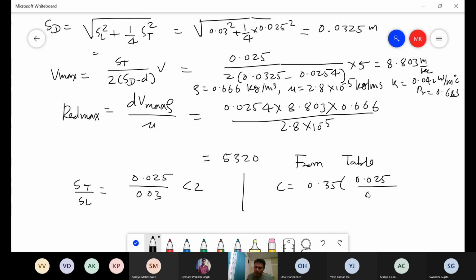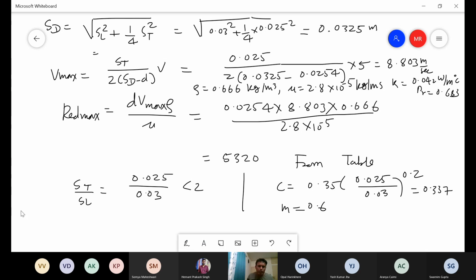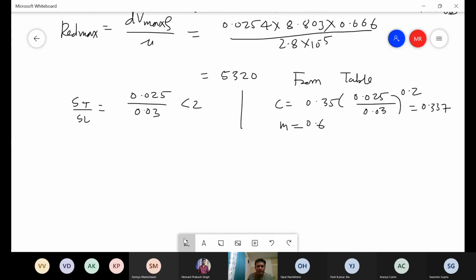0.025 divided by 0.03 raised to the power 0.2. So this comes around 0.337, and the M obtained is 0.6. So based on this, now the correlation one has to use is this.